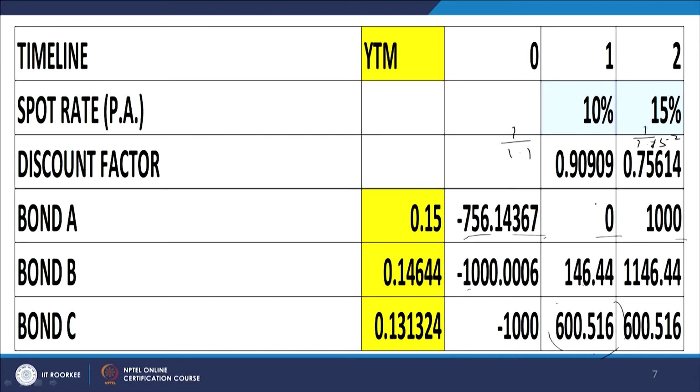Here the weightage is 0, here you have a cash flow of 146 and here a weightage of 600. So, in some sense this weightage contributes to the YTM tilting towards the first year rates from the second year rate, which was equal to the spot rate as in the case of bond A.